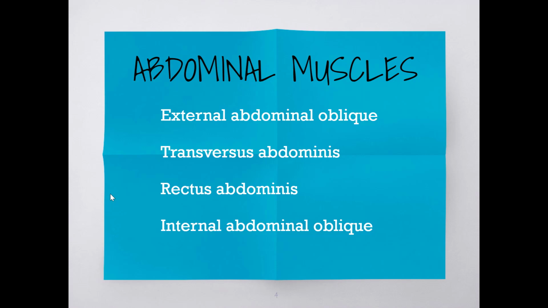We have external abdominal oblique, that starts with an E. We have transversus abdominis, that starts with a T. We have rectus abdominis, which starts with an R, and then we have internal abdominal oblique, which starts with an I. So how could you arrange these letters, ETRI, into a word that you are going to recognize, into an acronym?